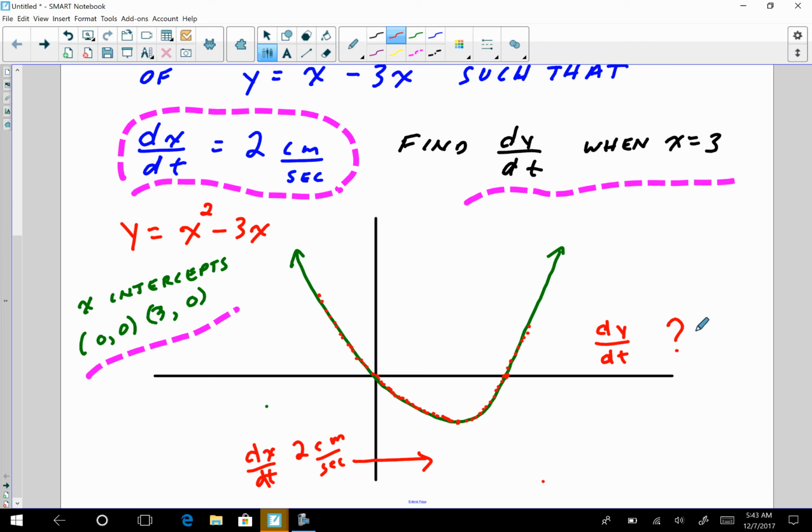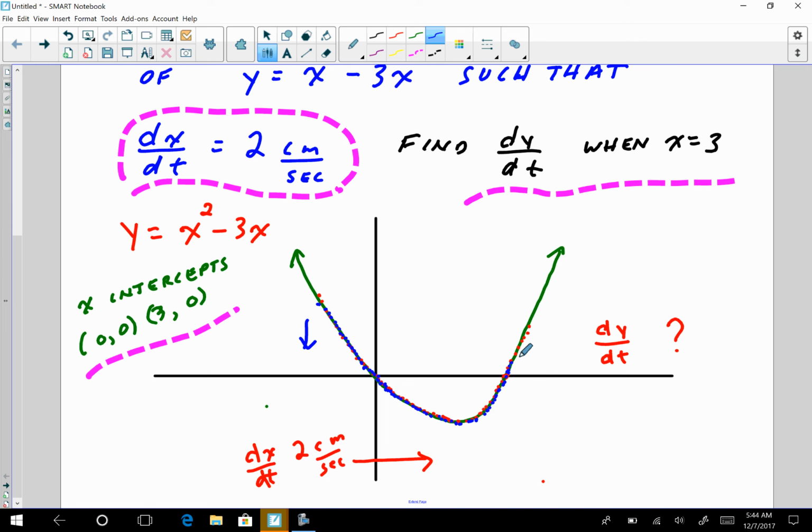If I watch this bug again, we'll do the same bug but in a purple suit. Over here, this bug is crawling down, and therefore dy/dt would be negative over here. He's crawling down and to the right, and then about right here he starts crawling up. He's still crawling right.